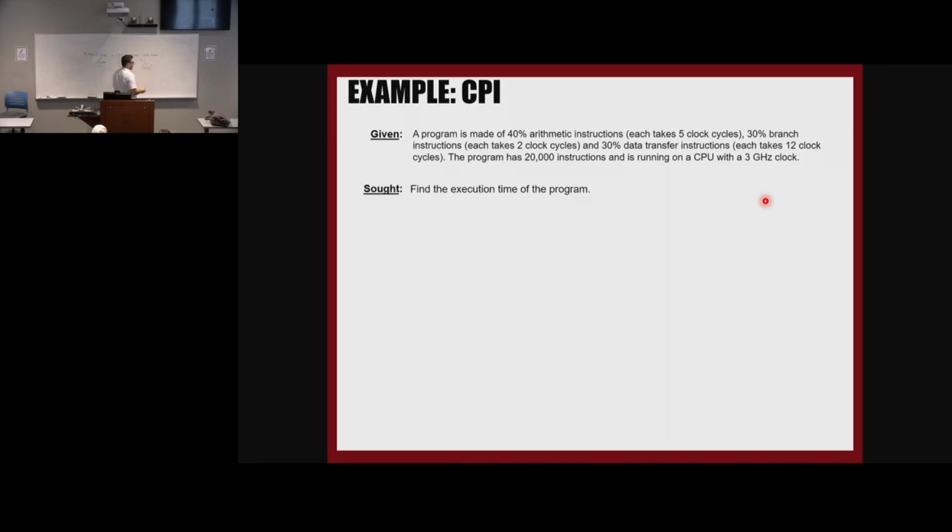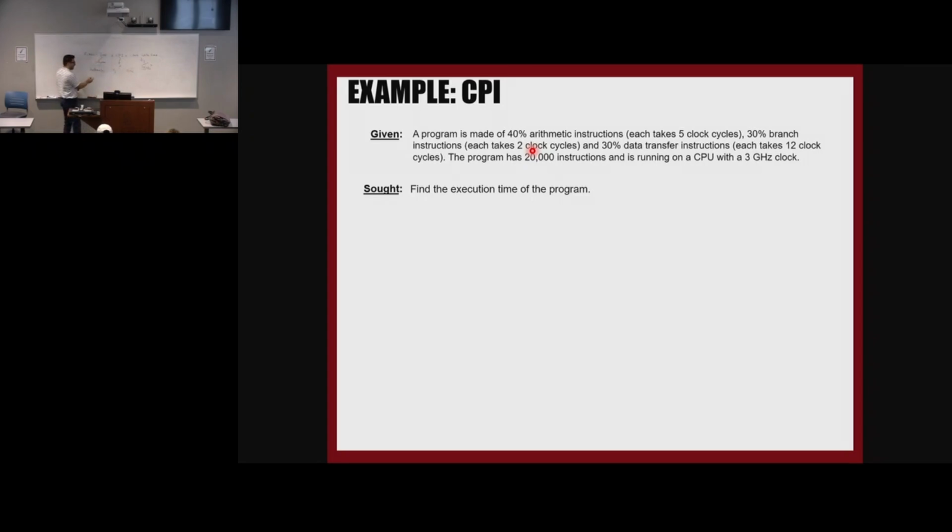right? So now what we need to do is find the effective CPI. To find the effective CPI, we have to see what classes of instructions I have. I have arithmetic instructions that need 5 clock cycles, and they have the workload as 40%, which is 0.4.